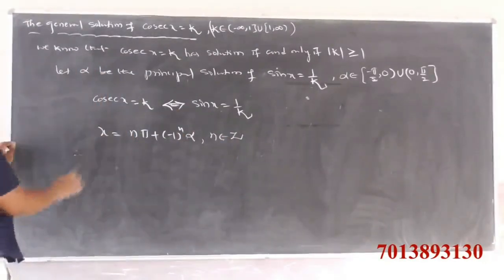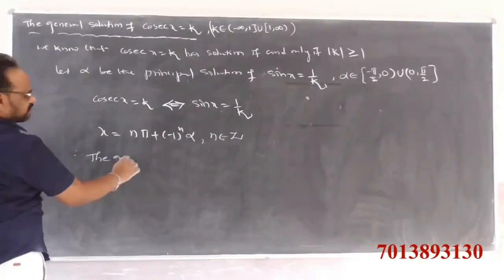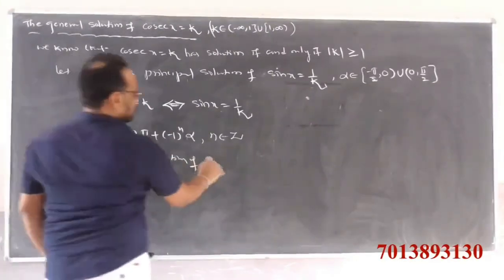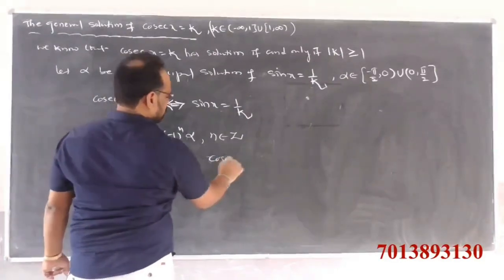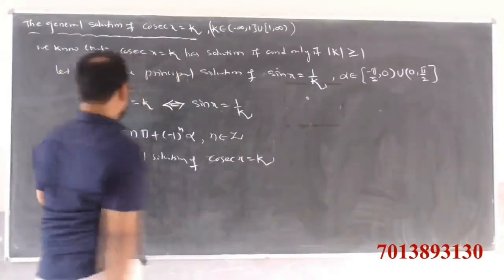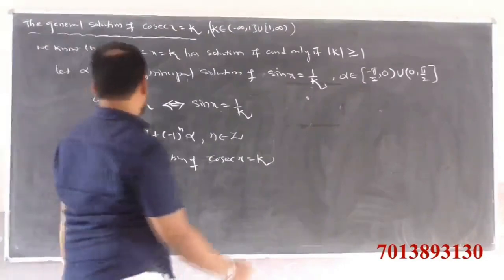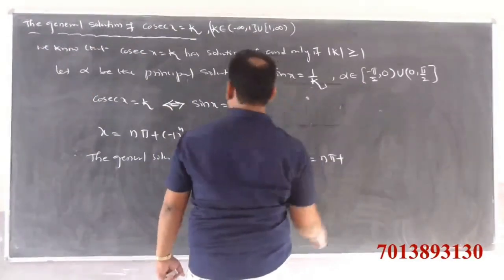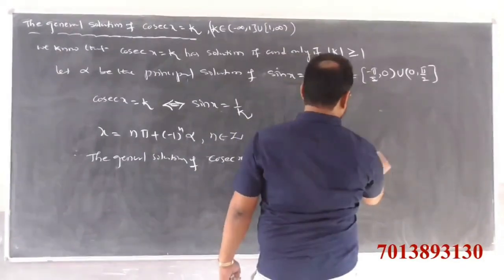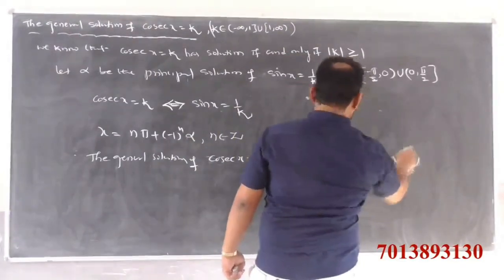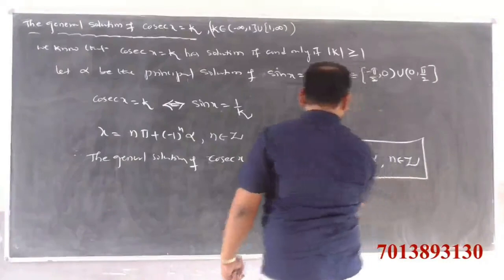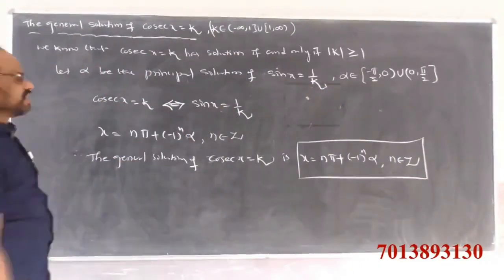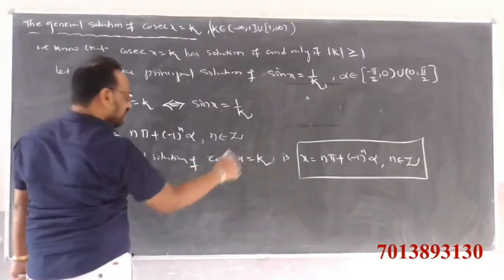Therefore, the general solution of cosecant x equals k is x equals n pi plus minus 1 whole power n into alpha, where n belongs to Z. What is alpha?